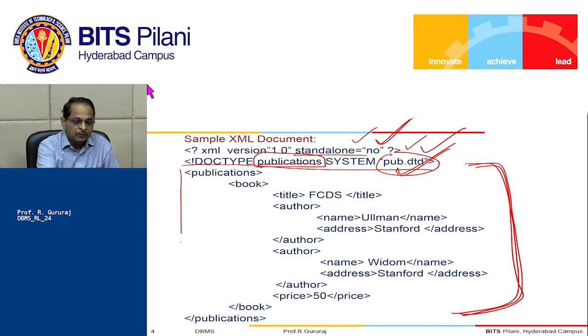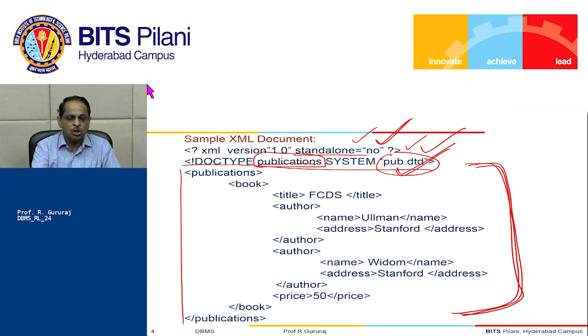Okay, then comes the body of the XML document. The root element: every XML document can be represented as a tree, that is, the data contained in the XML document can be represented as a tree, and at the same time we can also specify the structure of the document. Not only the data, the structure of the document can be represented in a tree-like structure.